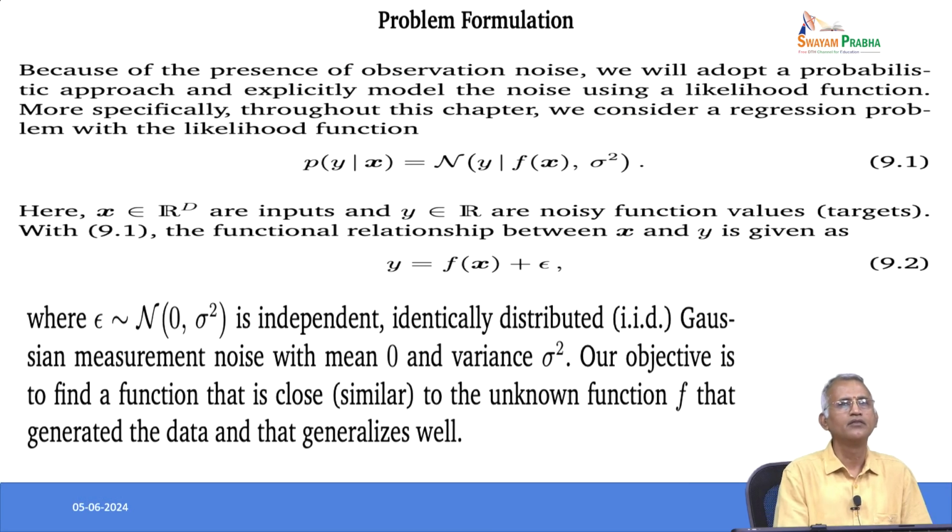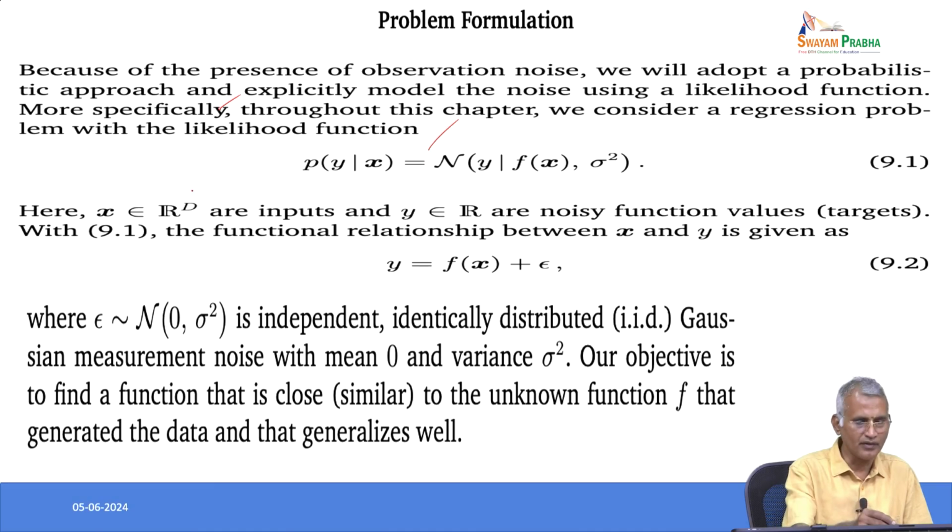Now, we are going to discuss the formulation of the problem. Because of the presence of observation noise, we will adopt a probabilistic approach and explicitly model the noise using a likelihood function. More specifically, throughout this chapter, or this talk, we consider a regression problem with the likelihood function p(y|x) = N(y | f(x), sigma^2).